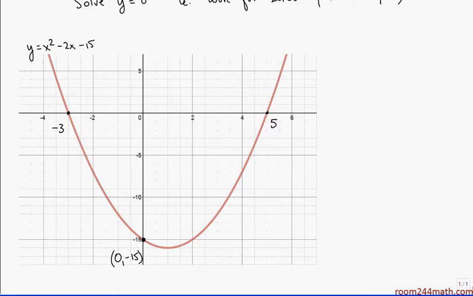There's another point you can figure out just by looking at the graph, and that's the vertex. And the vertex looks to be exactly (1, -16). Now, that x-coordinate of the vertex, 1, notice, is exactly halfway in between the two zeros, the two x-intercepts, -3 and 5.